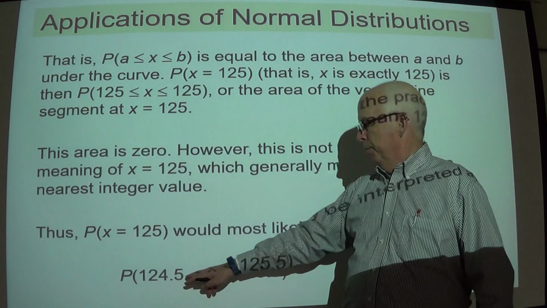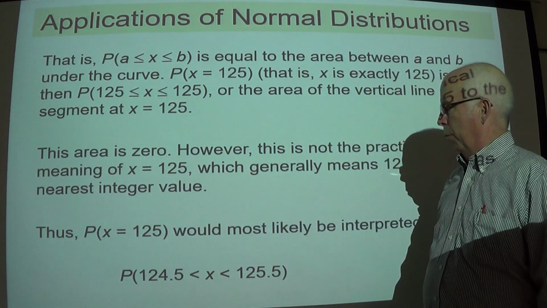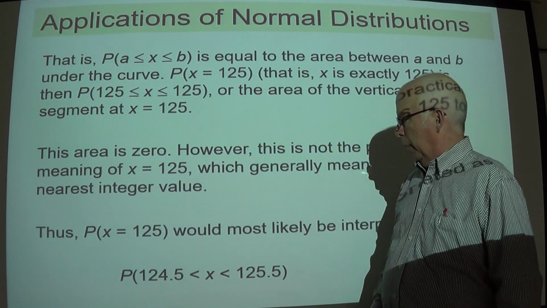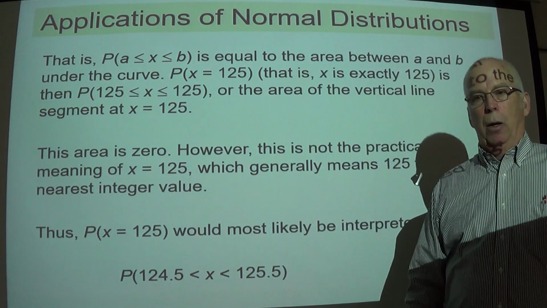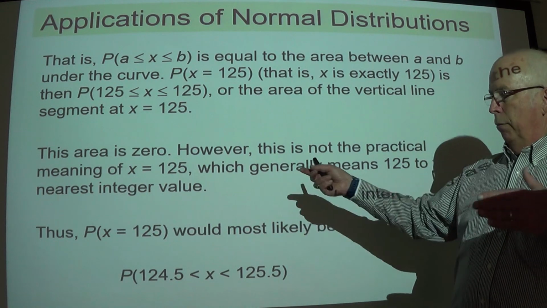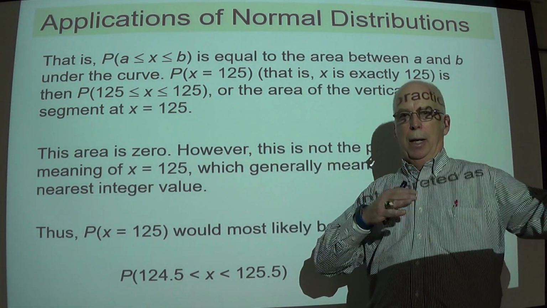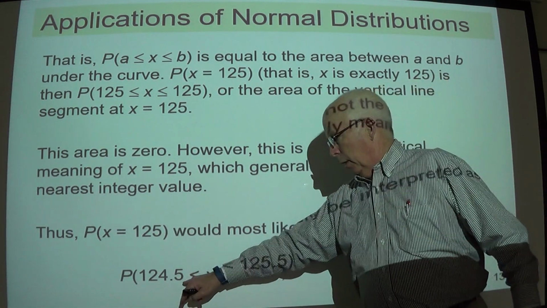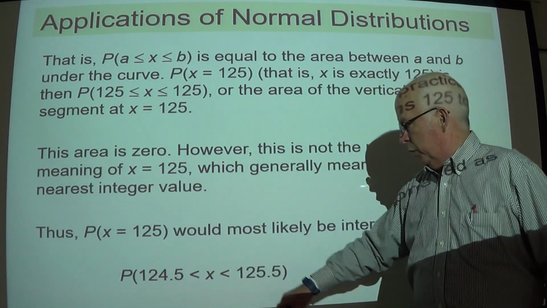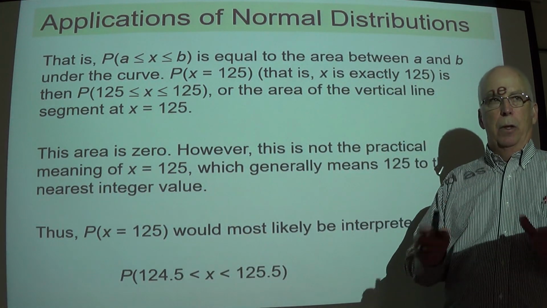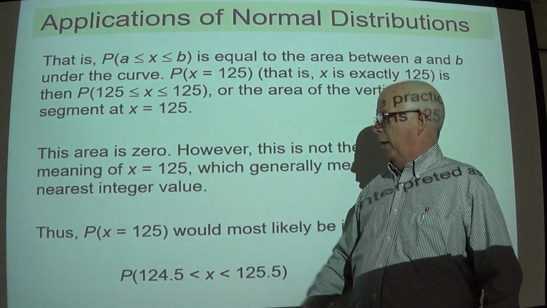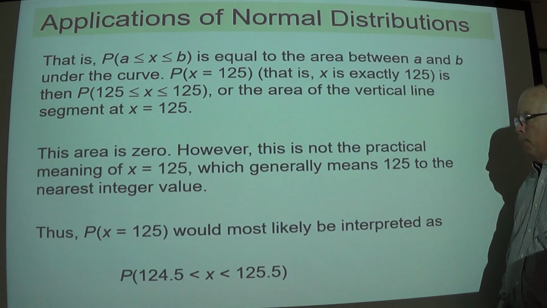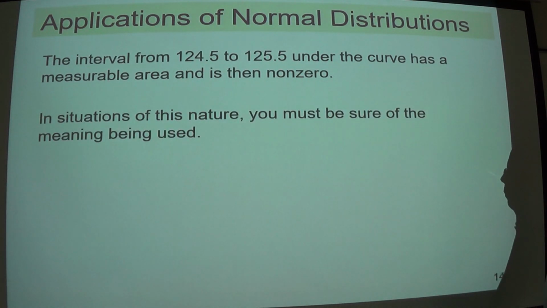So we'd find out what the z-score of 124.5 is, and what the z-score for 125.5 is, and then we would get the corresponding area between the z-score of 124.5 and the z-score of 125.5 to determine what the likelihood is of selecting someone having an IQ of 125.